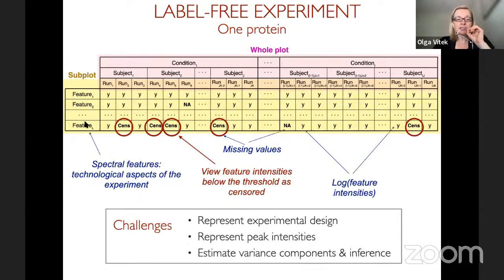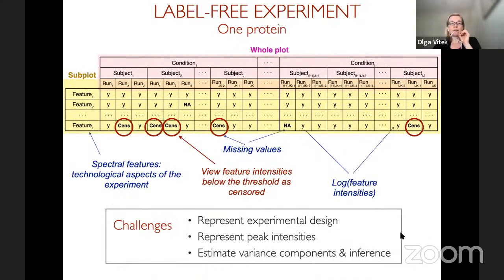Now, the yellow part is the technology. In each run, we acquire multiple features. And this Y here is the log intensity of this feature. And then for some features, we have missing values and some features are below this cutoff. In statistical language, it's called censored.